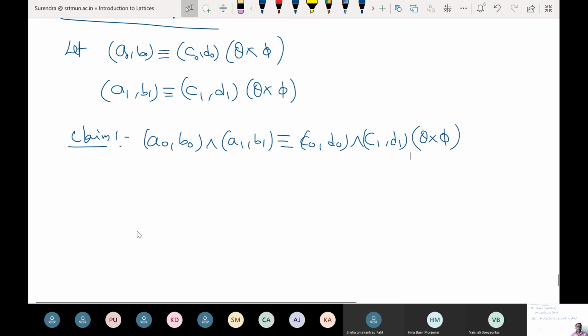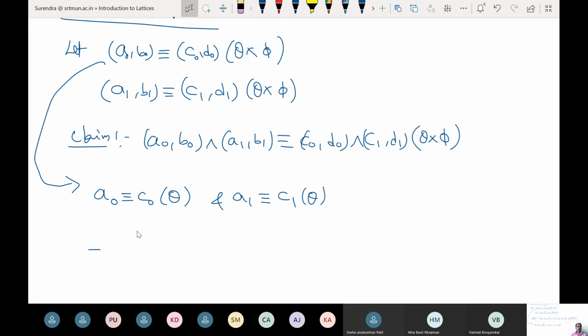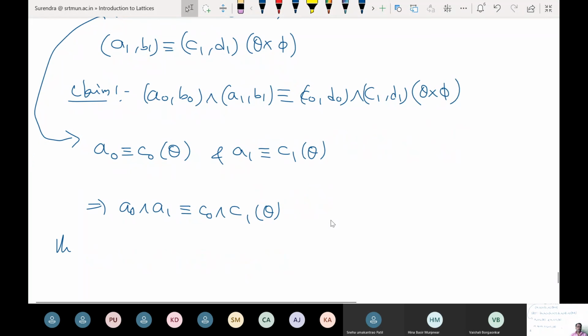What we know is that a0 is congruent to c0 modulo theta, and a1 is congruent to c1 modulo theta. This shows that a0 meet a1 is congruent to c0 meet c1, since theta satisfies the substitution property. Similarly, applying it for phi, we get that b0 meet b1 is congruent to d0 meet d1.